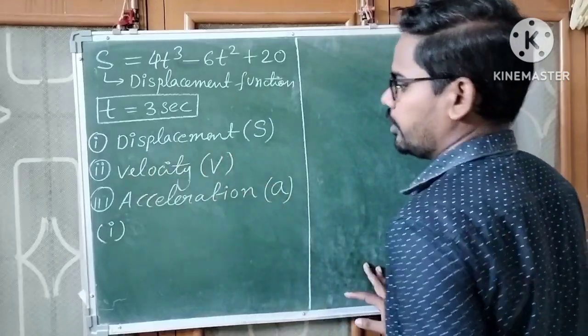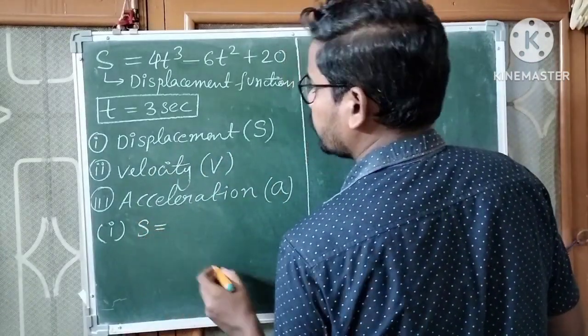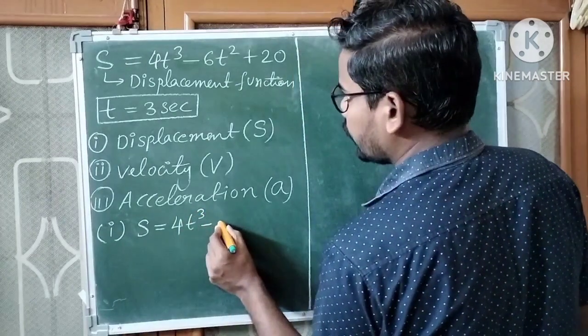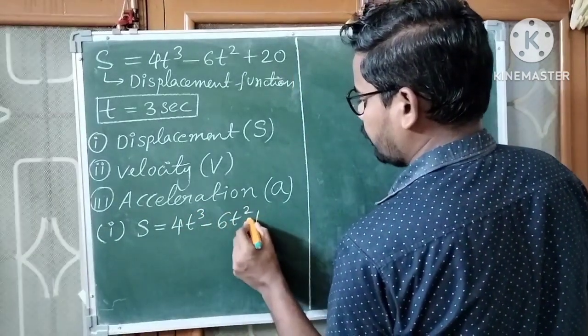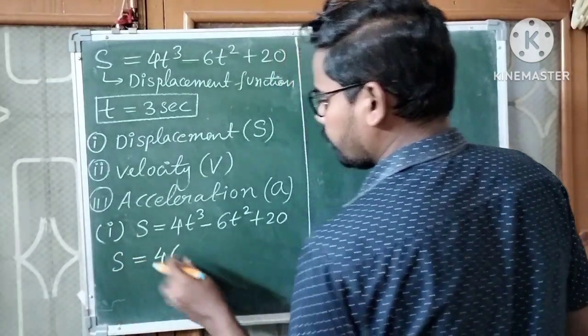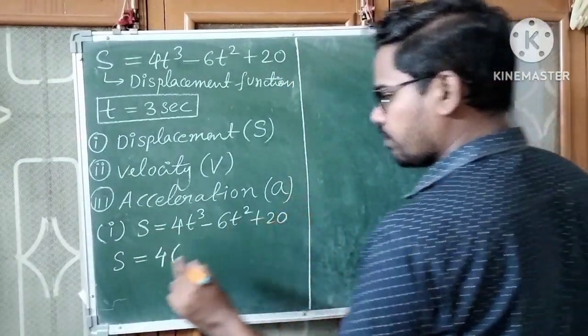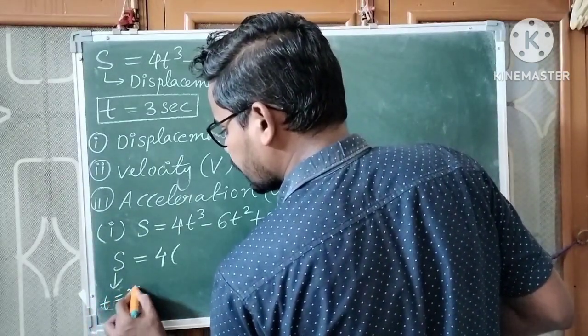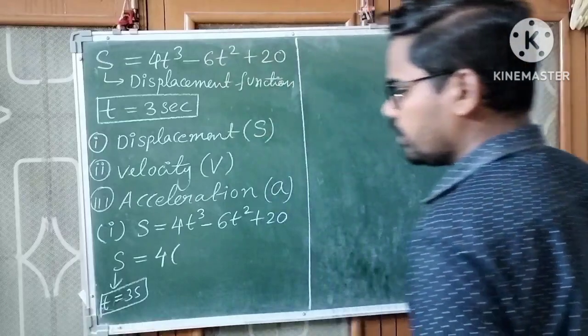Here the displacement function is S = 4t³ − 6t² + 20. We need displacement at t = 3 seconds.